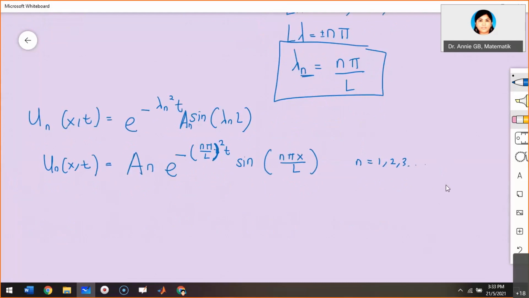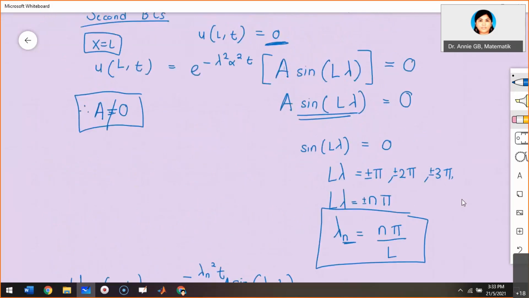Okay, now instead of writing this, I can also write it as u(x,t) equals summation n from 1 to infinity a_n exponent negative n pi... My alpha is missing.